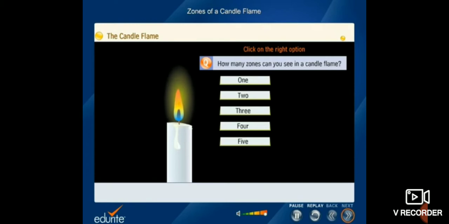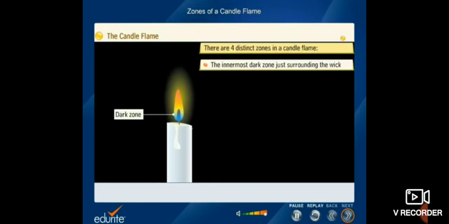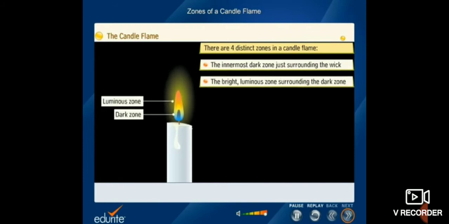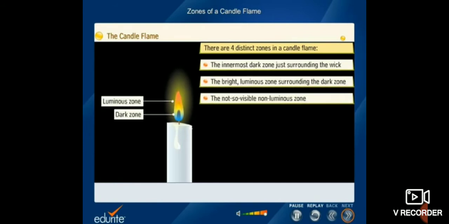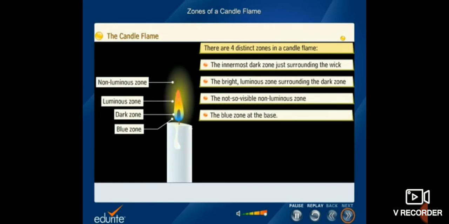A flame can be described to be hollow. There are 4 distinct zones in a candle flame: the innermost dark zone just surrounding the wick, the bright luminous zone surrounding the dark zone, the not so visible non-luminous zone, and the blue zone at the base.